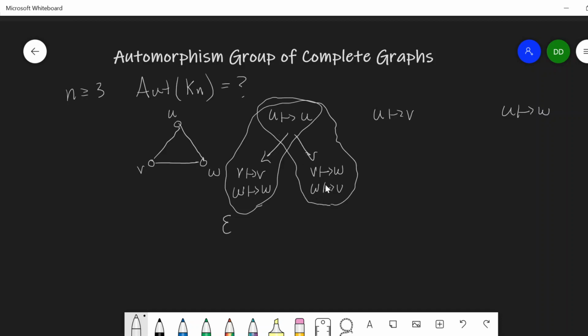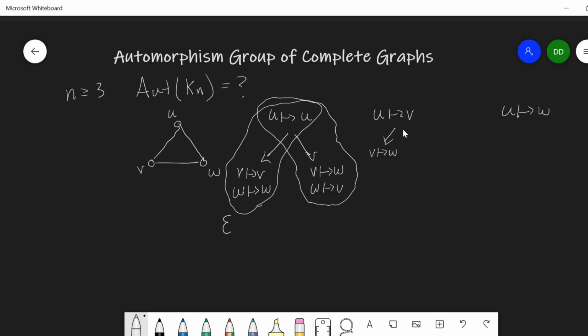So this is leaving U fixed. So let's see. What if I send U to V? So U goes to V. It looks like I'm rotating counterclockwise here. So I could send V to W. Or, if I send U to V, I could send V to U and then leave W fixed.